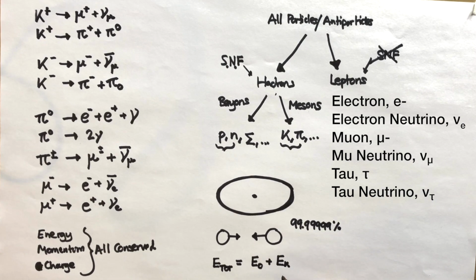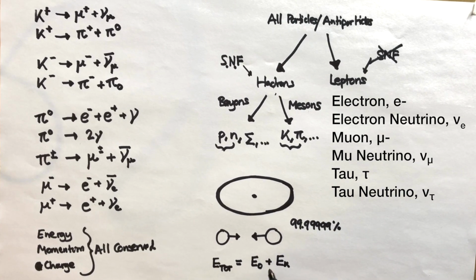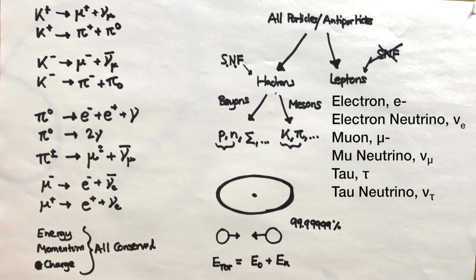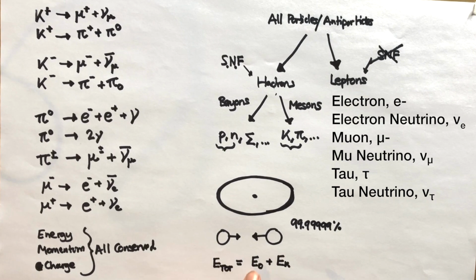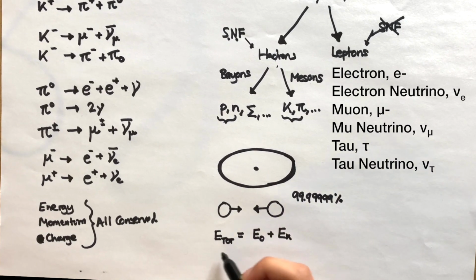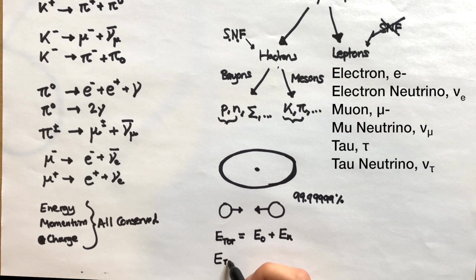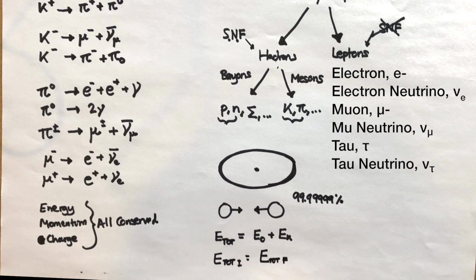From this, you can work out what the rest energies of certain particles are. If you know the kinetic energy, you can work out the rest energy, since, using the conservation of energy, the total energy initial is equal to the total energy final.